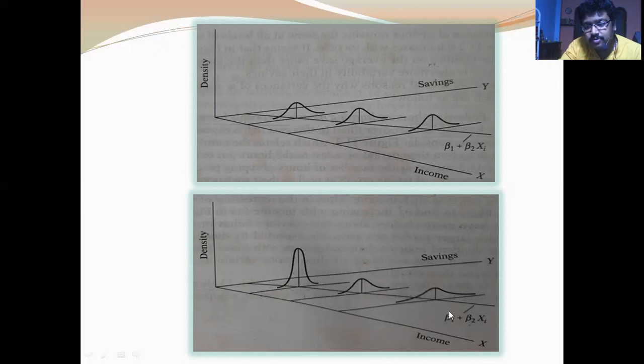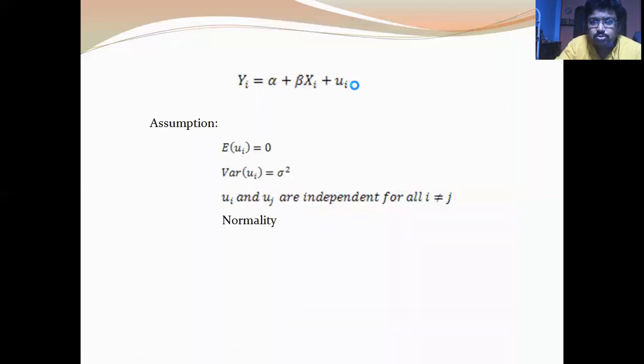So the variance differs here. You can see clearly that the variance is not constant. So this is heteroscedasticity, and this is due to the error term, due to u.